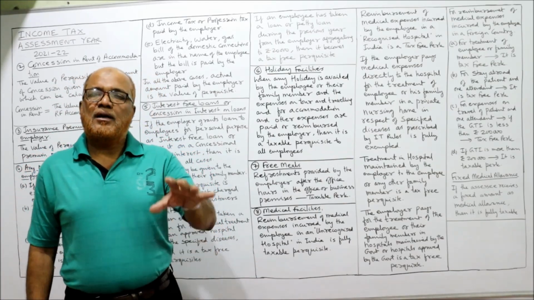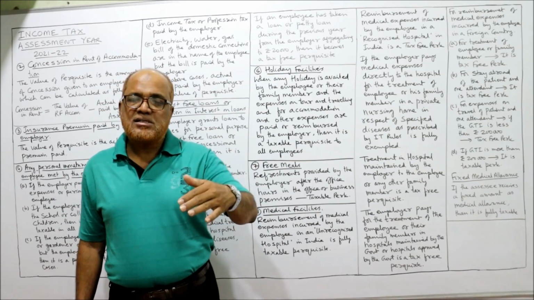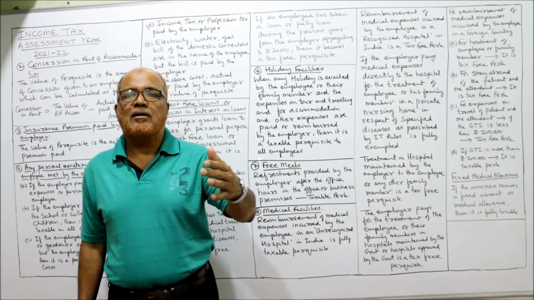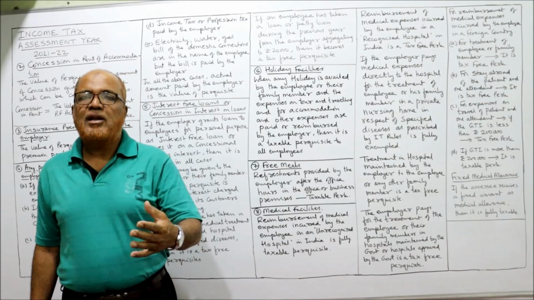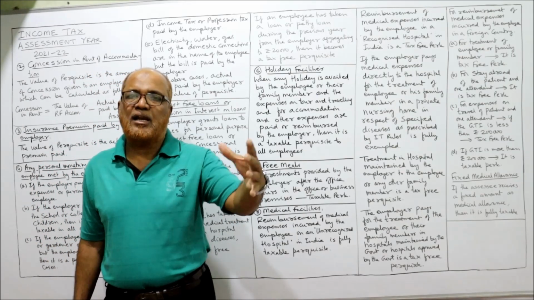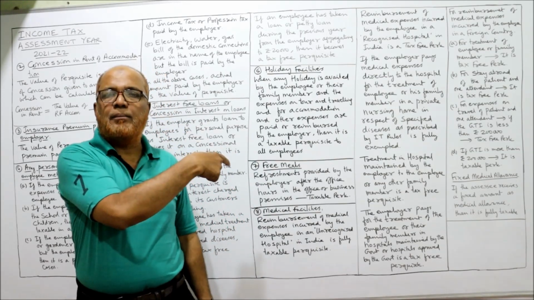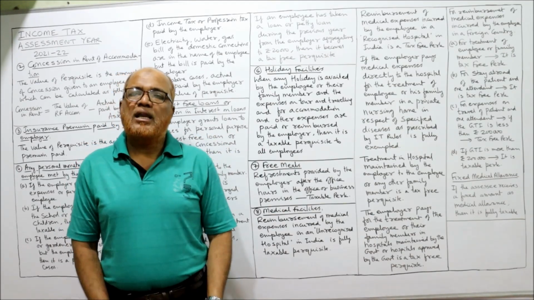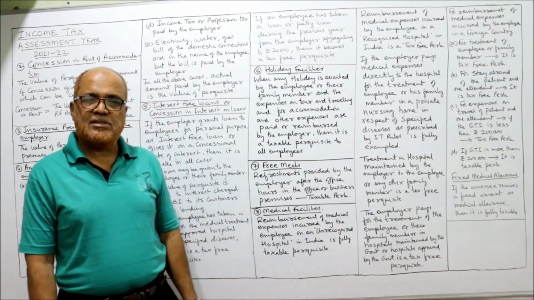Sometimes the employee is availing a holiday, spending the money on himself and also on the family members. The expenditure on traveling, touring, accommodation and other expenses incurred, all these expenses are paid or reimbursed by the employer. Then it is a taxable perquisite in the hands of all employees.